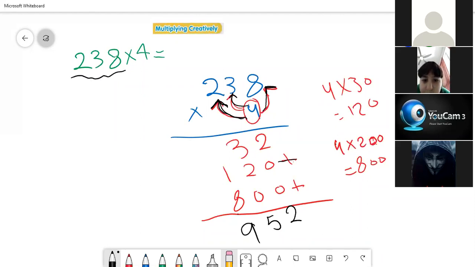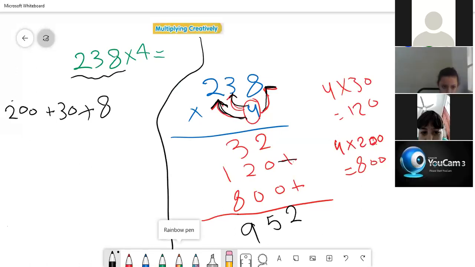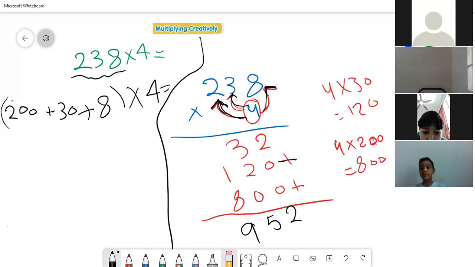What is this number? 238. Is it the same as 200 plus 30 plus 8? Yeah, the same. So we are going to multiply all these three numbers by 4.